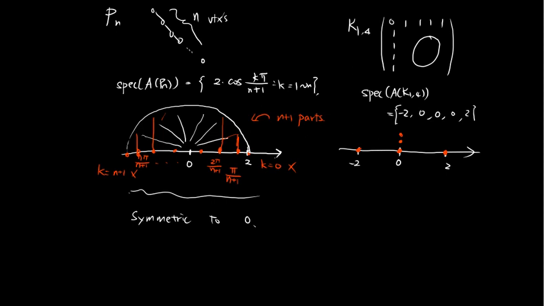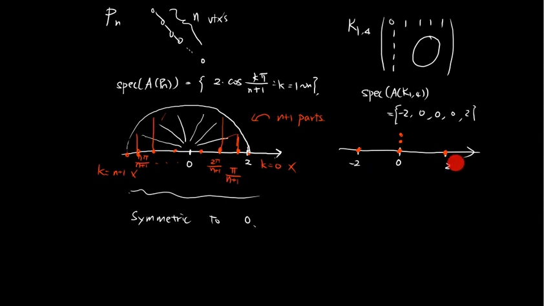So the eigenvalues are going to be symmetric along the origin, the 0. The only possibility that you got an odd number is when the eigenvalue is equal to 0, right? By that I mean, if you have -2, then you got a +2.